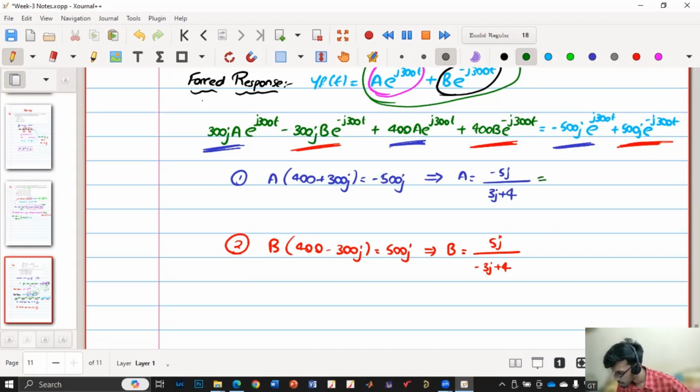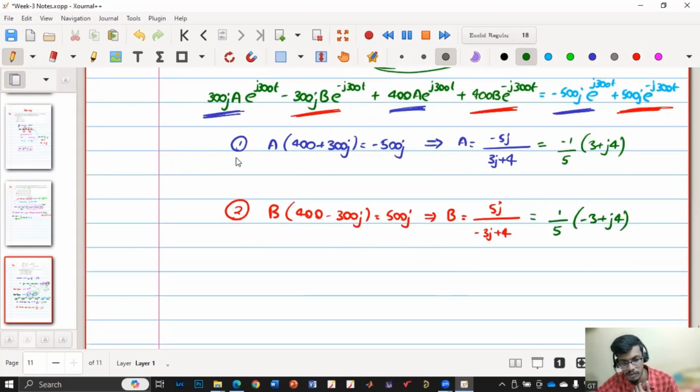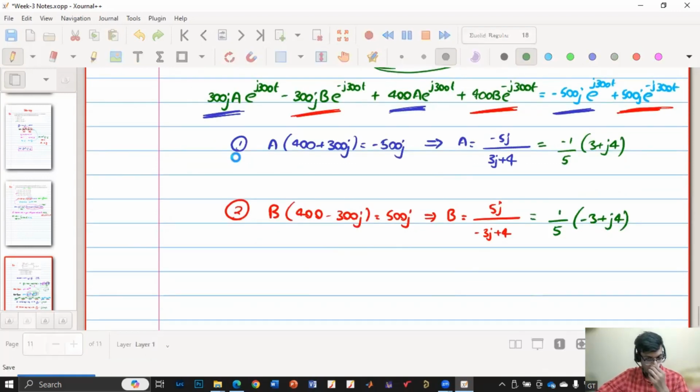So we'll be getting something like minus 1 by 5 into 3 plus j4. And this one will be 1 by 5 into minus 3 plus j4. I'm writing this because it will take some time to solve. Okay, now I got value A, I got value B.